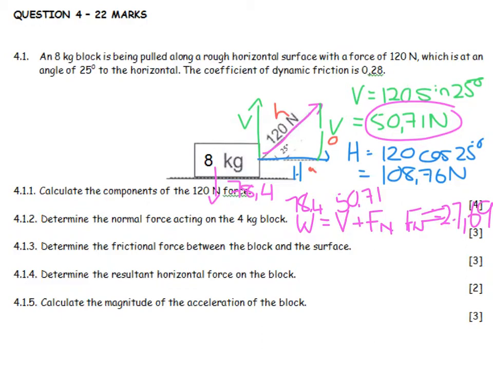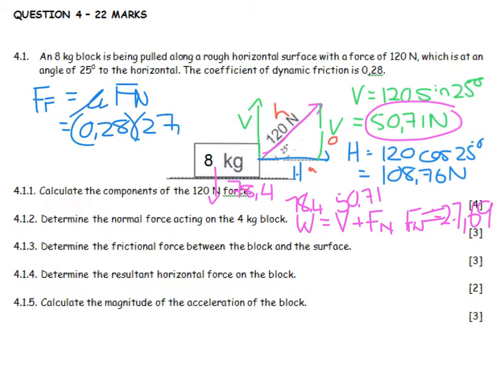Now it says determine the frictional force between the block and the surface, and we know that frictional force is equal to mu times the normal force, so I can use my 0,28, multiply it by the normal force, and I land up with 7,75 newtons.